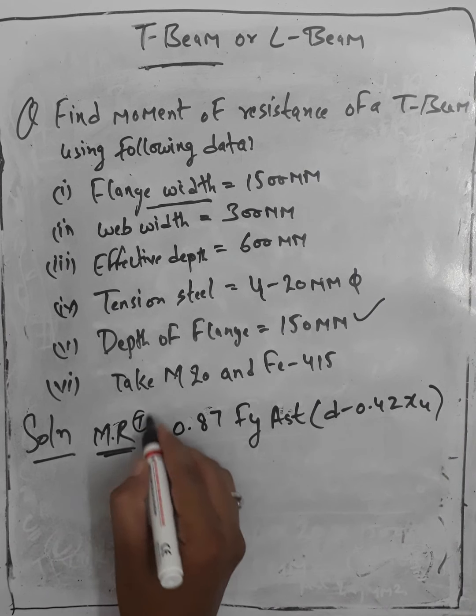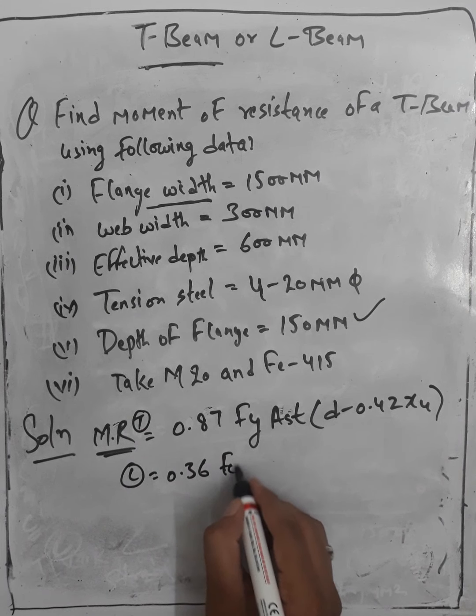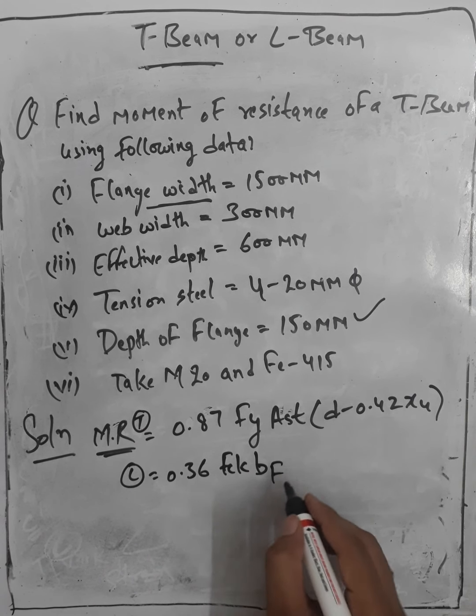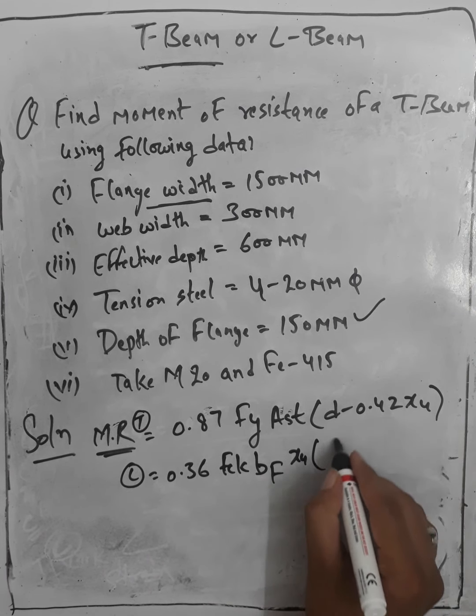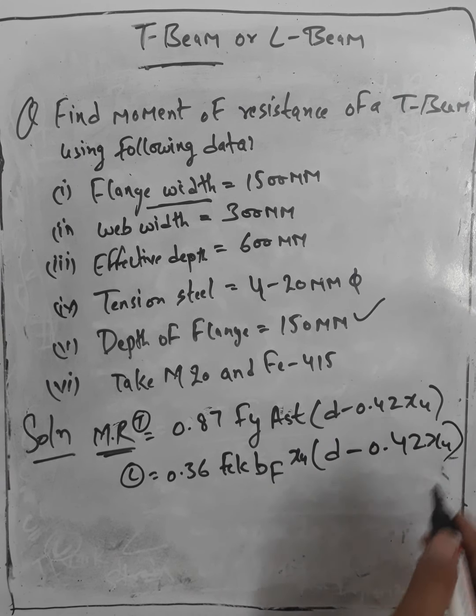This is for tension, and for compression 0.36 FCK BF XU (D minus 0.42 XU).